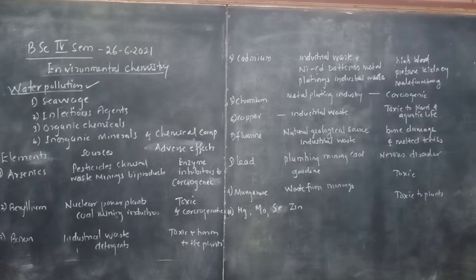Industrial waste, agricultural waste and household waste enter the water directly or indirectly, and are generally disposed of by dumping in a nearby river.